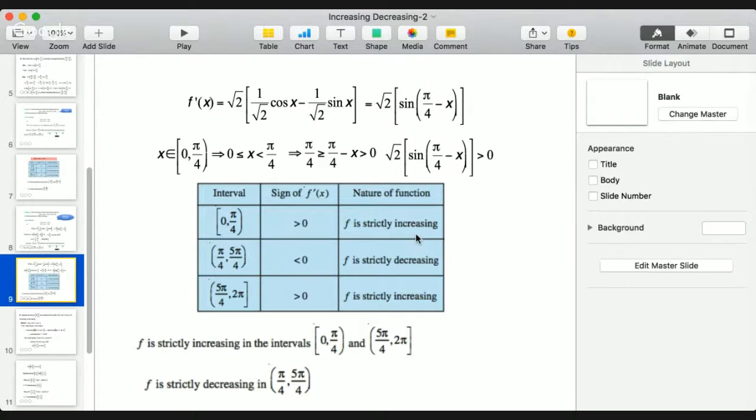So x could lie between 0 to pi by 2 or pi by 2 to pi and so on. So you need to discuss all the possibilities, and from there, because the domain that is given to you of the function is 0 to 2 pi, with that condition in mind, that is where you will actually end up with two intervals over which the function is strictly increasing.